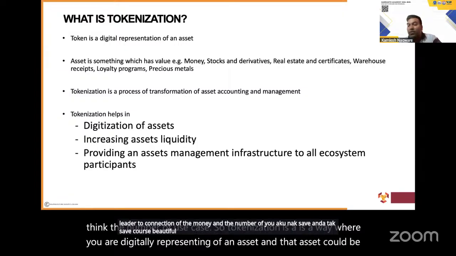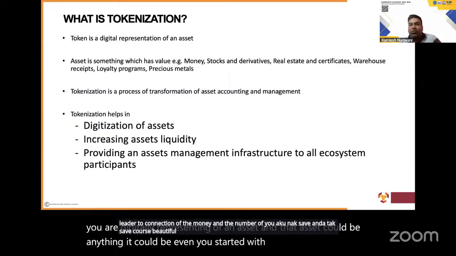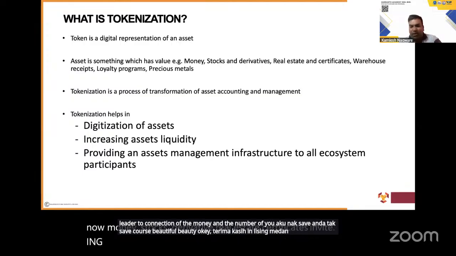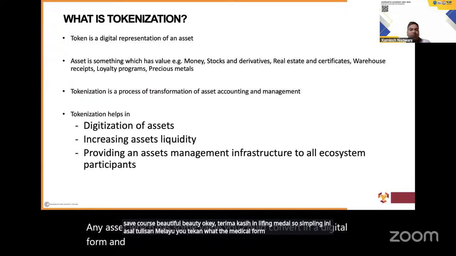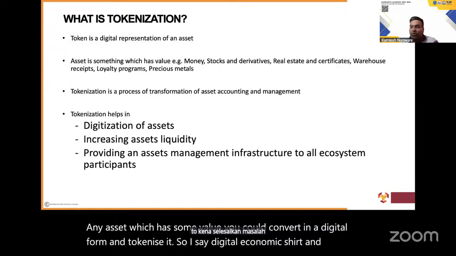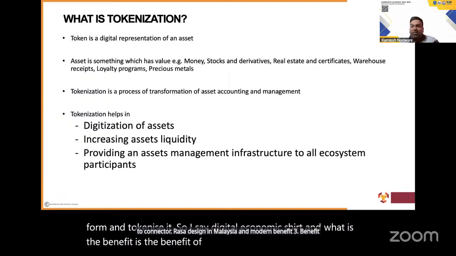It started with NFTs, but it could now be money, stocks, derivatives, real estate, certificates, invoicing, metals. Simply any asset which has some value, you could convert into a digital form and tokenize it. What is the benefit? The benefit is liquidity and asset management infrastructure.